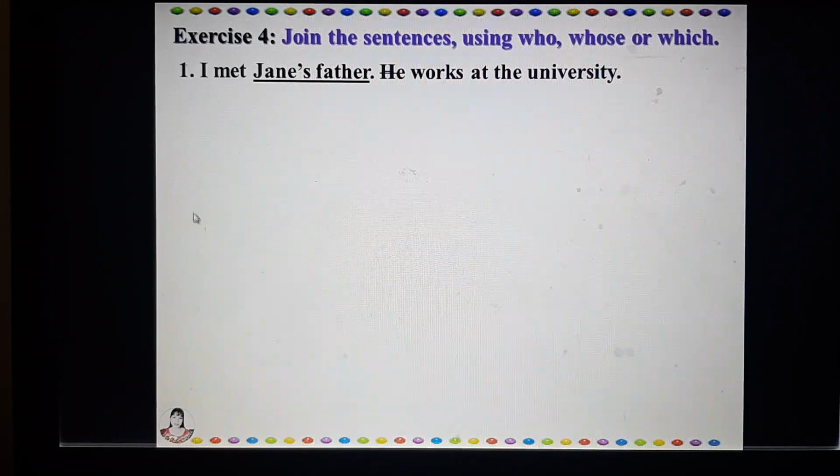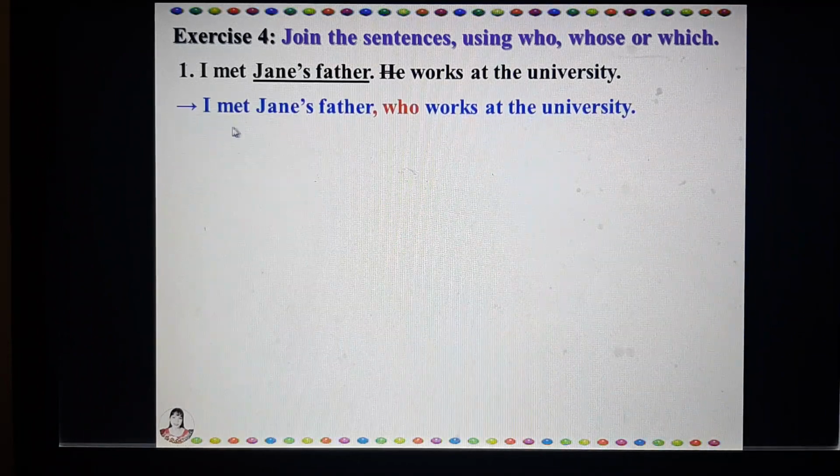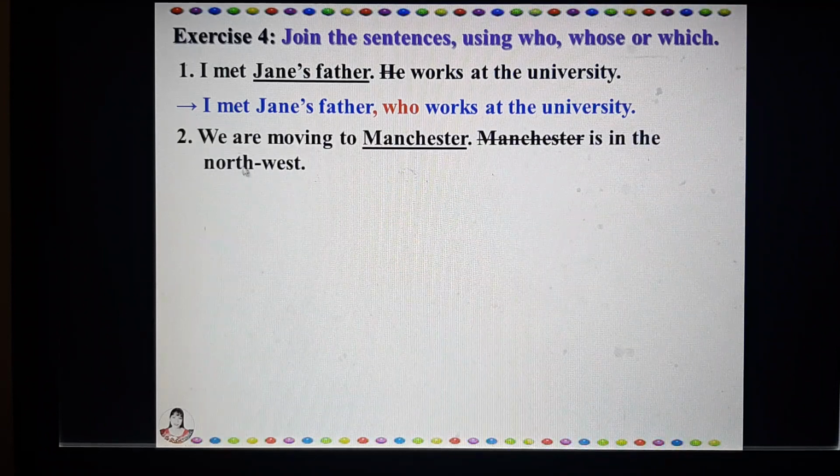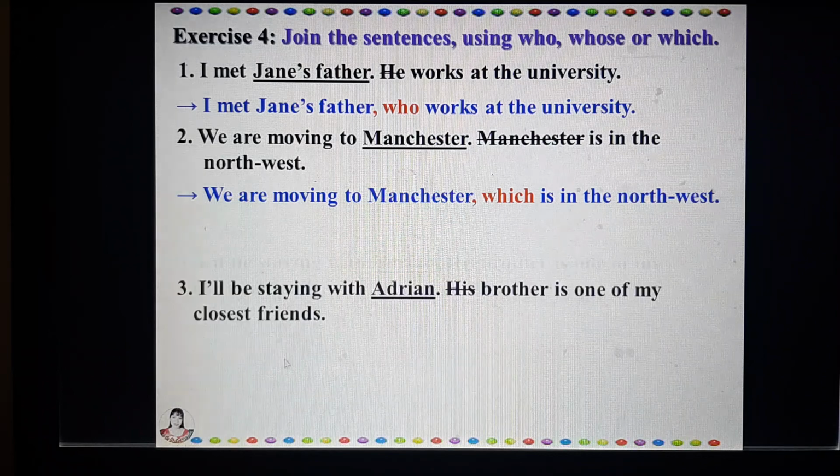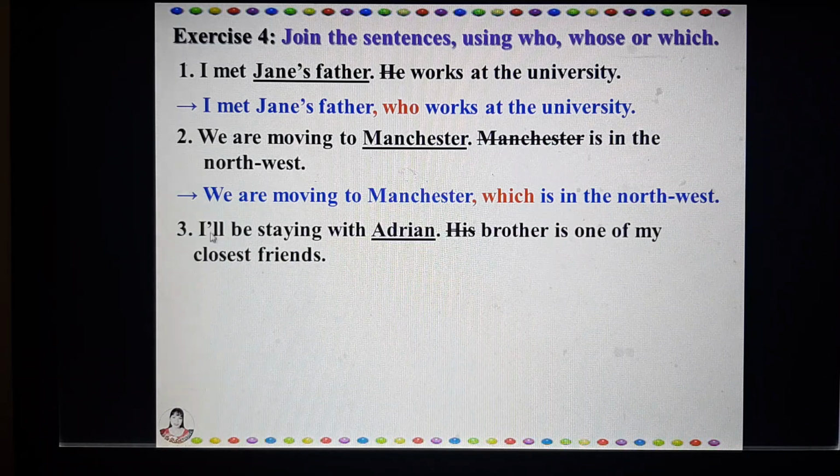Now we work together. I met Jane's father. Jane is a proper name, so: I met Jane's father, comma, who works at the university. Number 2, Manchester, underline, cross out. We are moving to Manchester, comma, which is in the northwest. Number 3, we will stay with Arian.